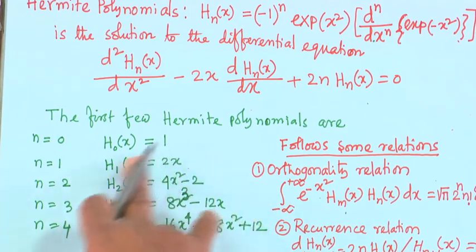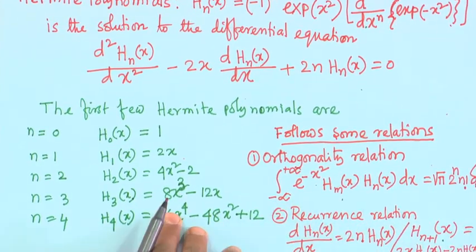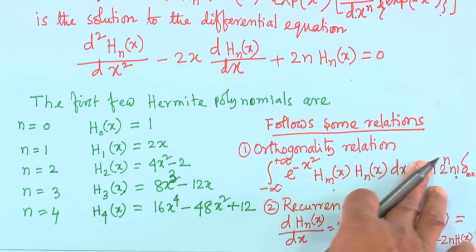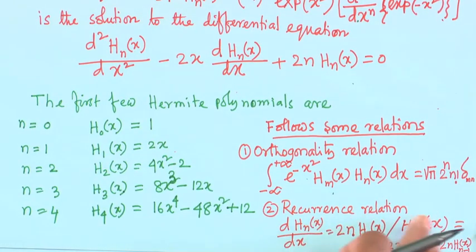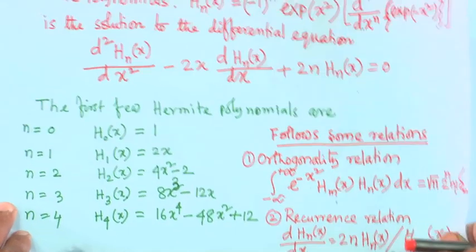These are the forms of the Hermite polynomials for different values of n. That will be available from the table in mathematical methods, and these polynomials satisfy some relations. Like, they follow the orthogonality relation, which is defined, and they follow the recurrence relation. These are the characteristics of these polynomials.